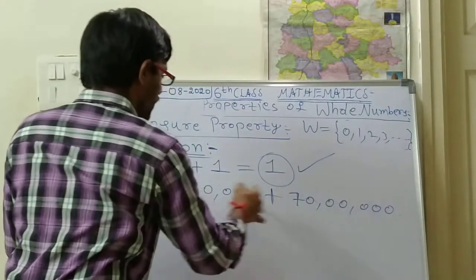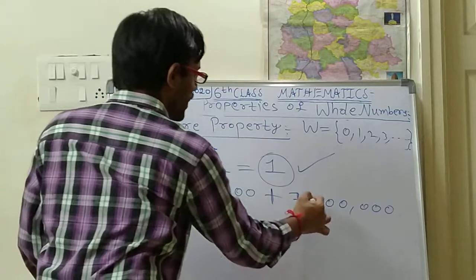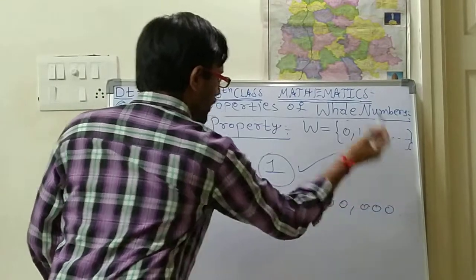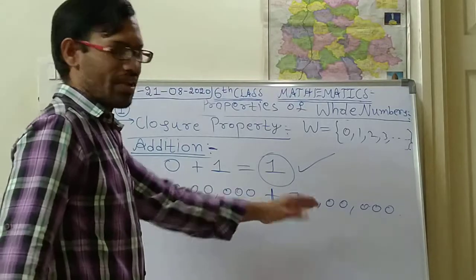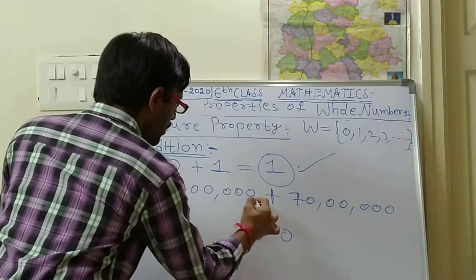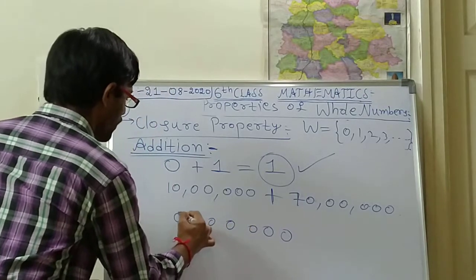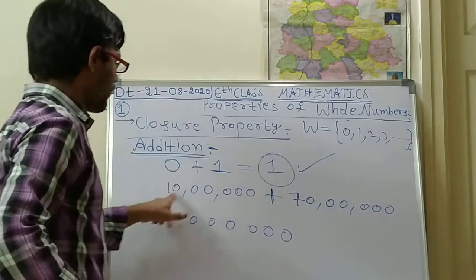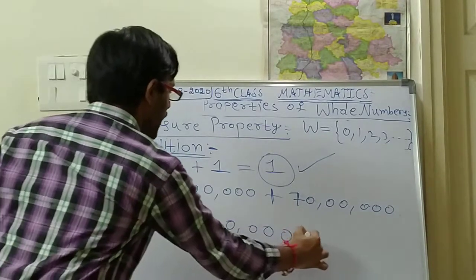Both numbers have the same number of digits, 7 digits in both. So 0, 0, 0, 0, 0, 0, and here 1 plus 7. What is 1 plus 7? 8. So 80 lakhs.